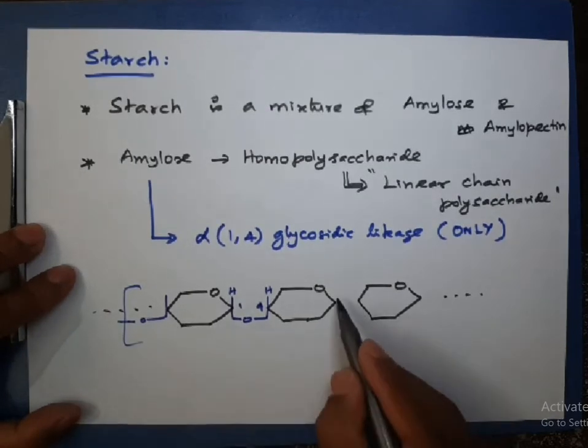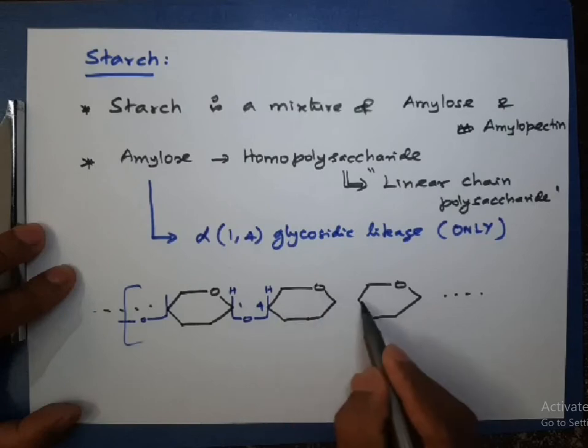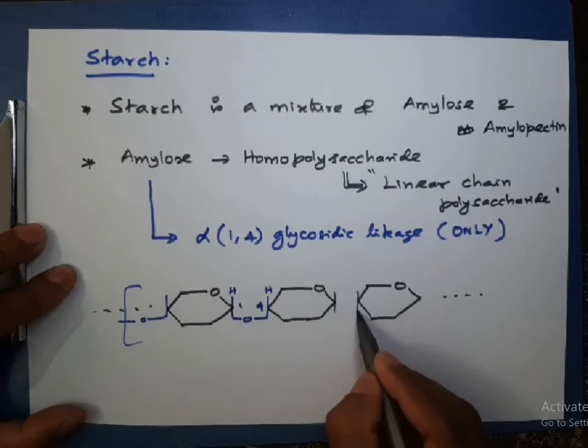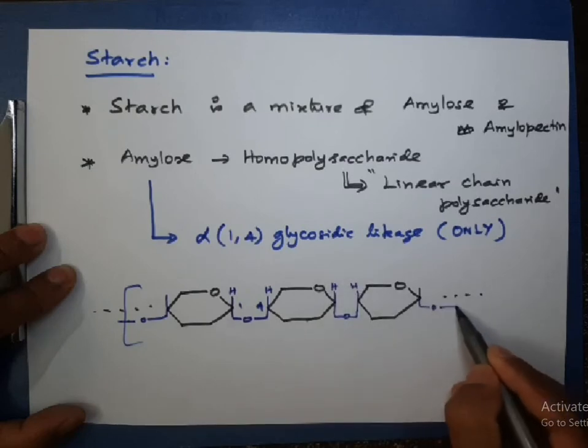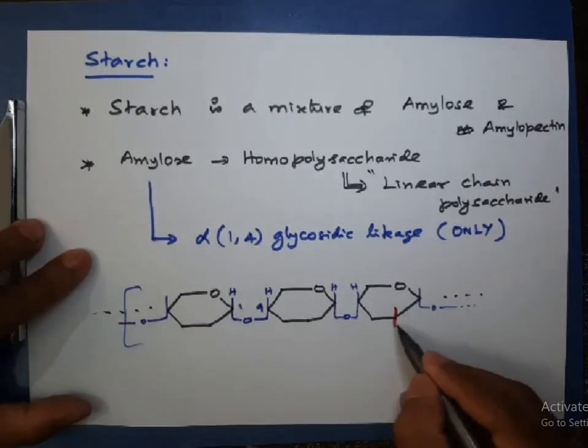Similarly, this is C1 of this glucose unit and this is C4 of this glucose unit. Connect the two through alpha glycosidic linkage. Alpha 1,4 glycosidic linkage. Like that many glucose units are connected. Remaining groups, you just keep as such.